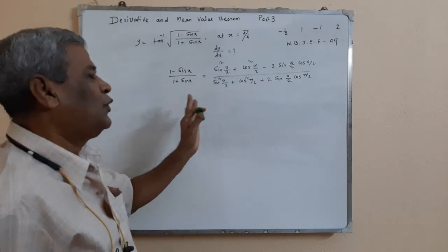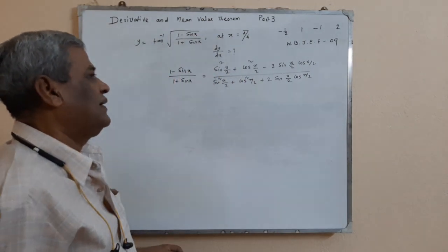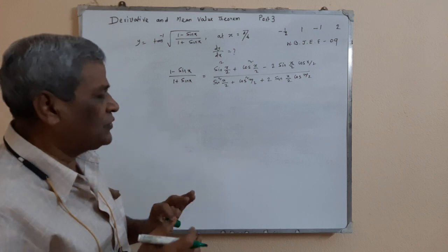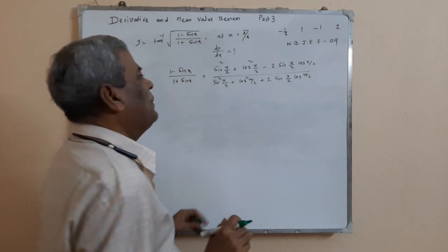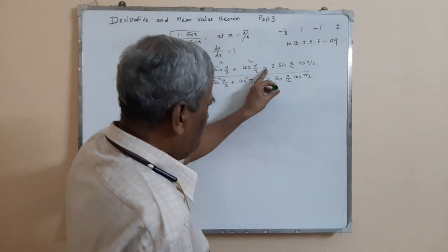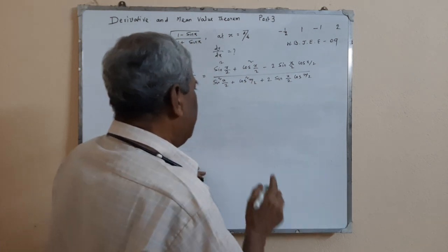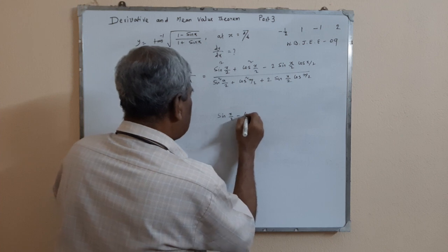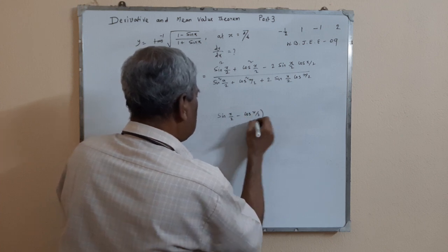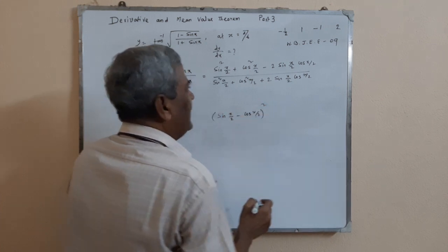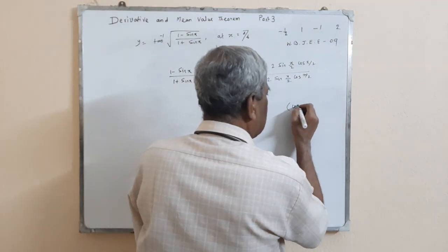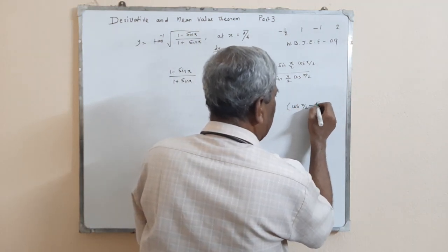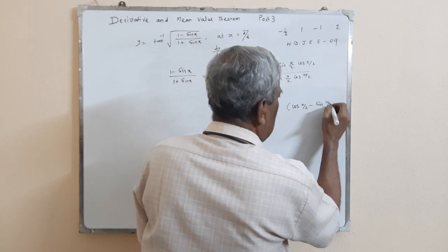Now, in the denominator, no problem, plus sign is there, so it is sin x by 2 plus cos x by 2 whole square. But in the numerator, because the product term is negative, it may be sin x by 2 minus cos x by 2 whole square, or it may be cos x by 2 minus sin x by 2 whole square.